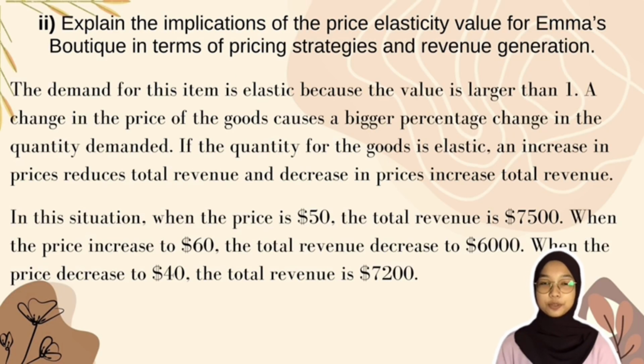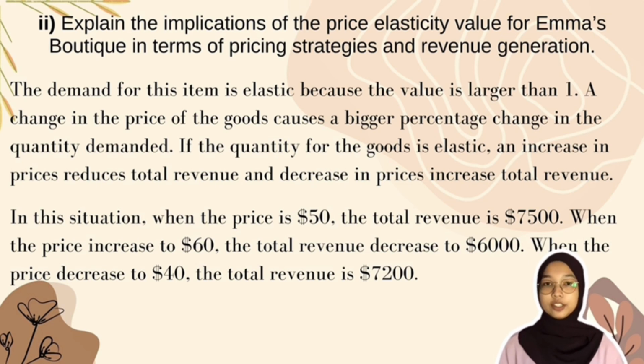For the third Roman question, explain the implication of the price elasticity value for Emma's boutique in terms of pricing strategies and revenue generation. The demand for this item is elastic because the value is larger than 1. A change in the price of the goods causes a bigger percentage change in the quantity demand. If the quantity for the goods is elastic, an increase in price reduces total revenue and a decrease in price increases total revenue.